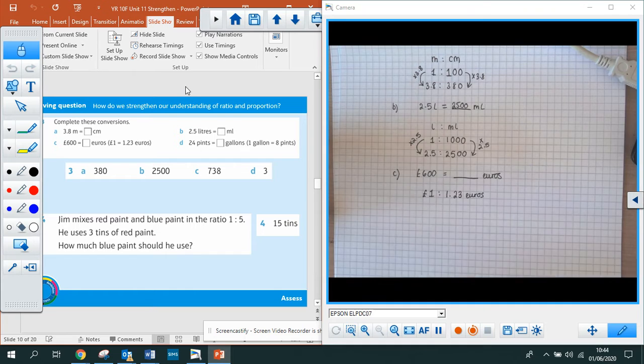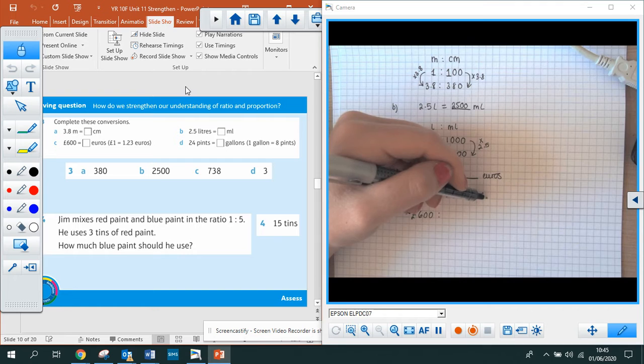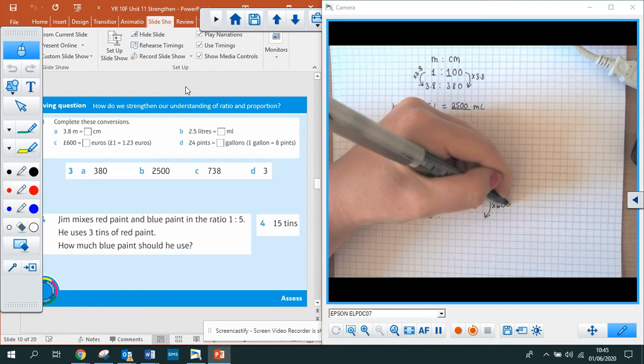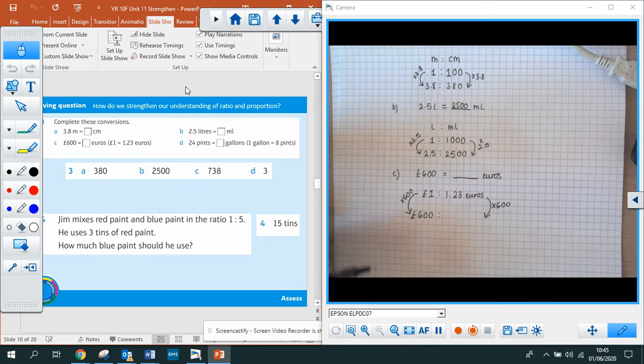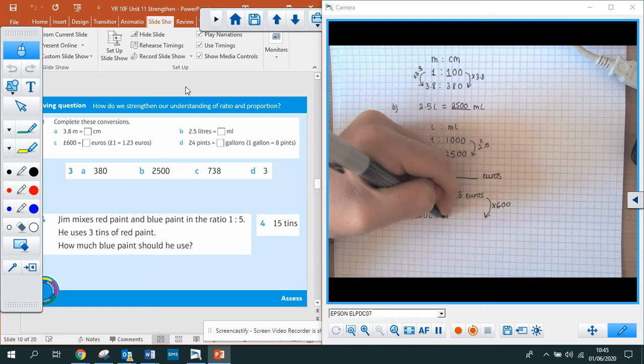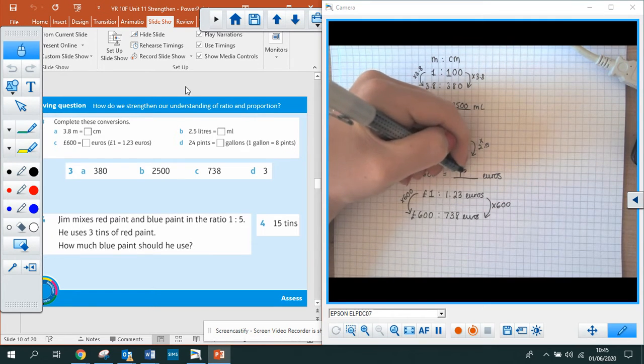We want to know what £600 is in euros. So to get from £1 to £600, I multiply by 600. Therefore, to get from my 1.23 euros to what my £600 would be, I'm going to multiply by 600 again. Okay, and 600 multiplied by 1.23 is 738 euros. Okay, so that's 738.